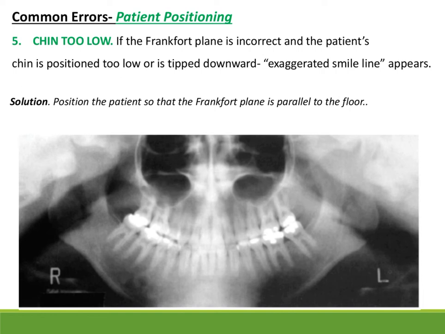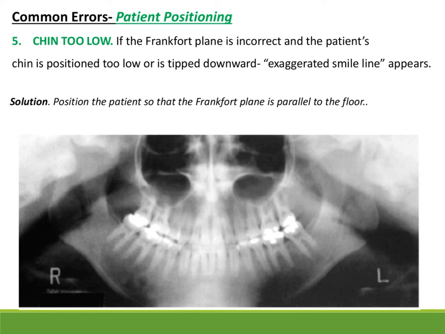Exaggerated means that the normal smile line for a panoramic radiograph will be somewhat like this. In an exaggerated one, you can see that it is like this, the curve goes back. This is called an exaggerated smile line. So you have to correct the patient to a normal Frankfort's plane position.